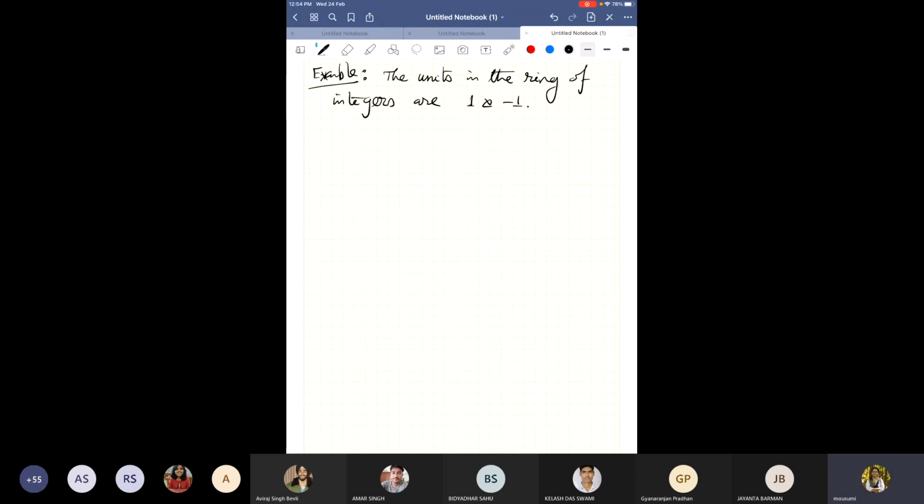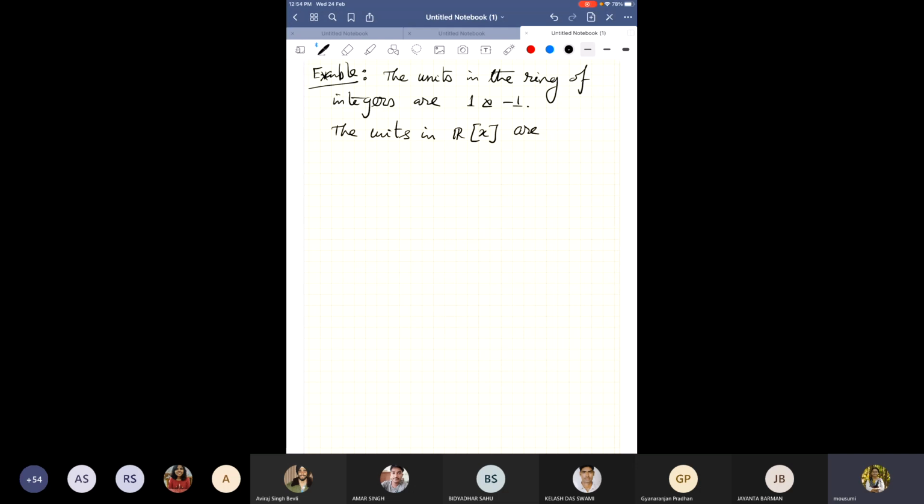Okay. And what about the units in the polynomial ring over real numbers? All non-zero constant polynomials. Yes. Because only the non-zero constants have a multiplicative inverse.